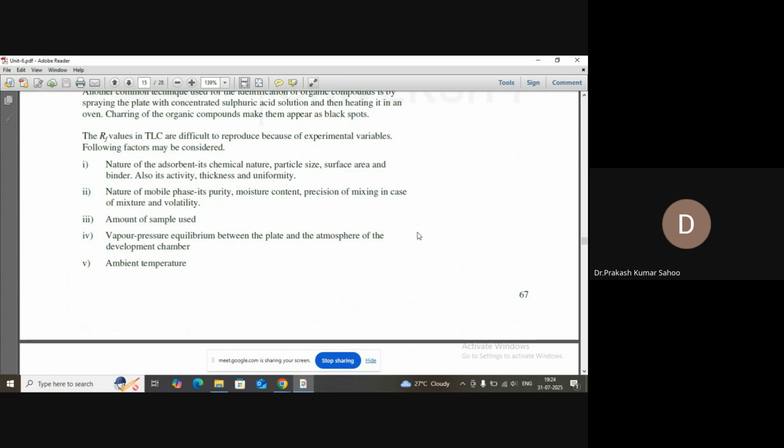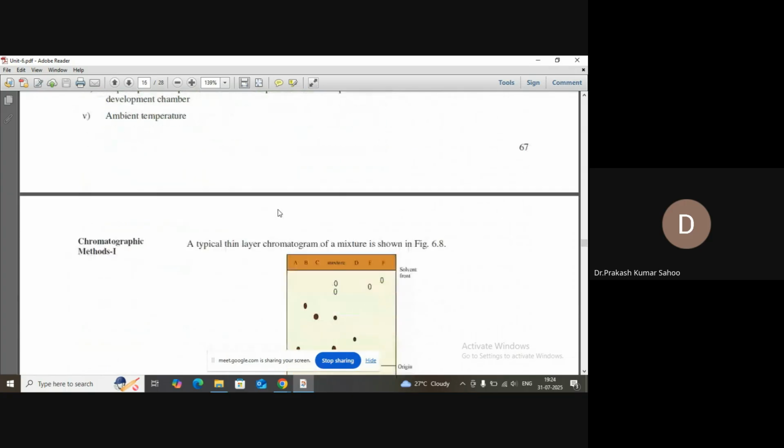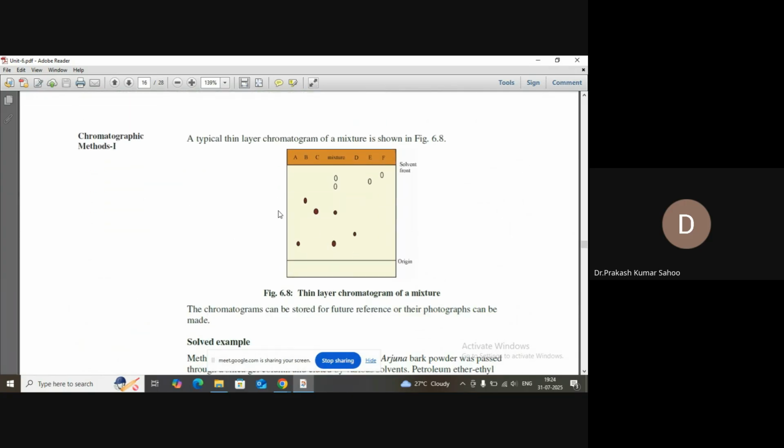Nature of the mobile phase: it should be clear, moisture content, precision of mixing in case of mixture, and volatility, amount of sample used, vapor pressure equilibrium between the plate and the atmosphere of the development chamber, and ambient temperature should be maintained. And this is an example of a thin layer chromatograph.